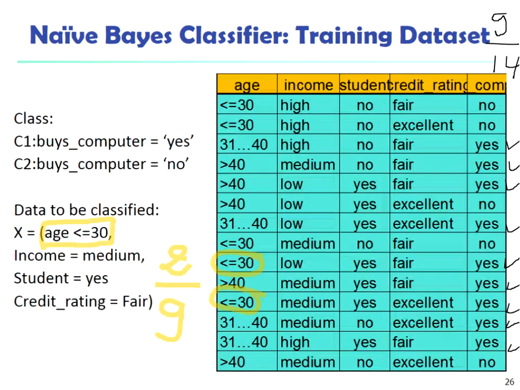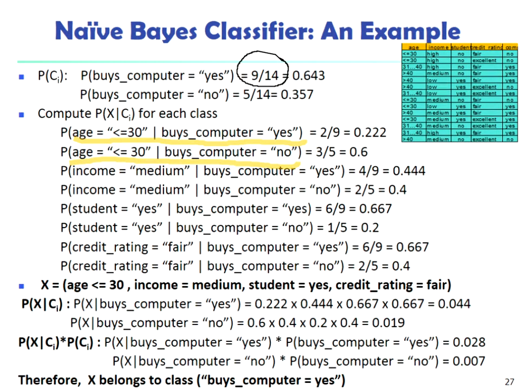After that, we will also calculate the probability of income equal medium. Here we will calculate the probability of income equal medium given buys computer equal yes, and the probability of income equal medium given buys computer equal no. Is it clear?